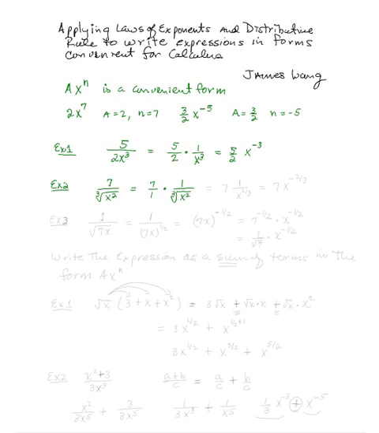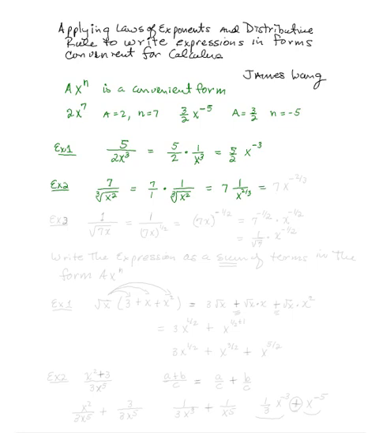So now the 7 over 1 is just 7, and then 1 over the cube root of x squared. Well, there's two steps in the thought process here. The cube root of x squared we saw before is x to the 2/3, so I'll put in the two steps. So the first step is to recognize that the cube root of x squared is x to the 2/3. So I have 1 over x to the 2/3.